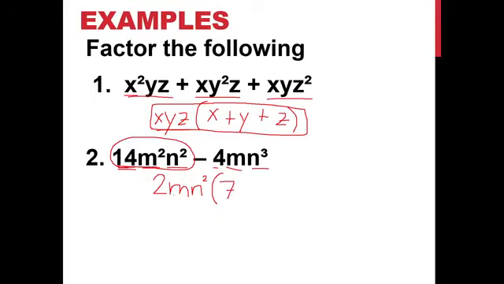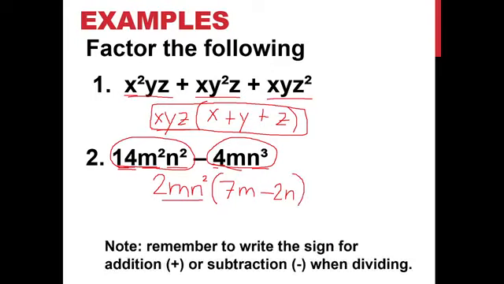M squared divided by m is m. N squared gets cancelled out. Minus this one divided by this, you'll get 2n. That's totally right. Okay. So take note. Just rewrite the sign. If it's plus, then you write plus. If it's minus, then write minus there.